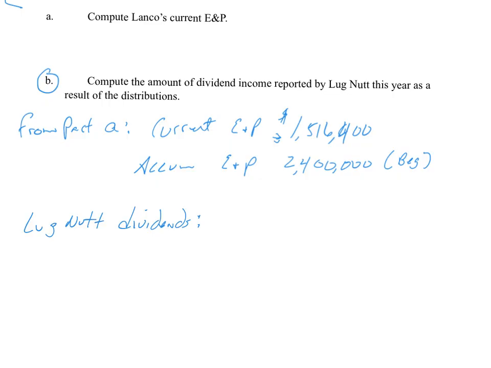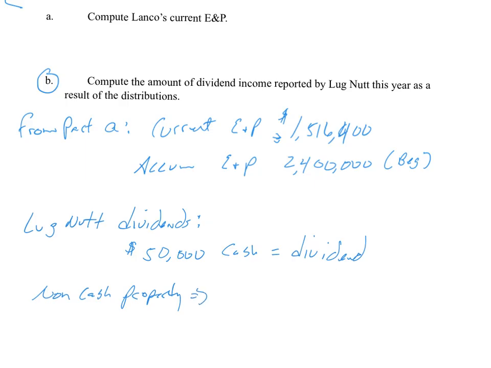So what is the first thing we would have? Well, this $50,000 of cash is the easiest thing to deal with, and that is absolutely treated as a dividend. Now we have to deal with the non-cash property. What is his amount of the distribution?